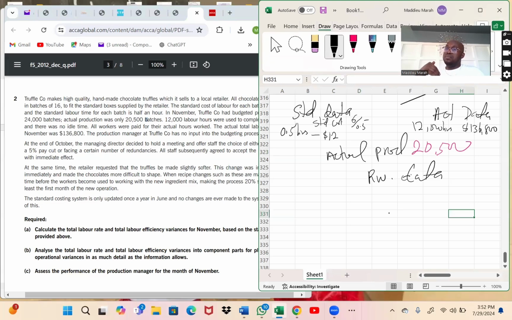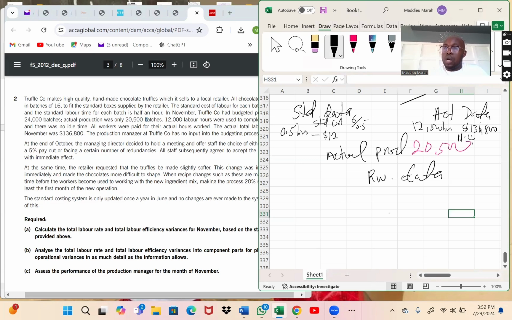So this is the actual labor cost for the entire 12,000 hours. We paid 136,800. So how much did we pay per hour? 136,800 divided by 12,000 hours. So we actually paid 11.4 per hour.